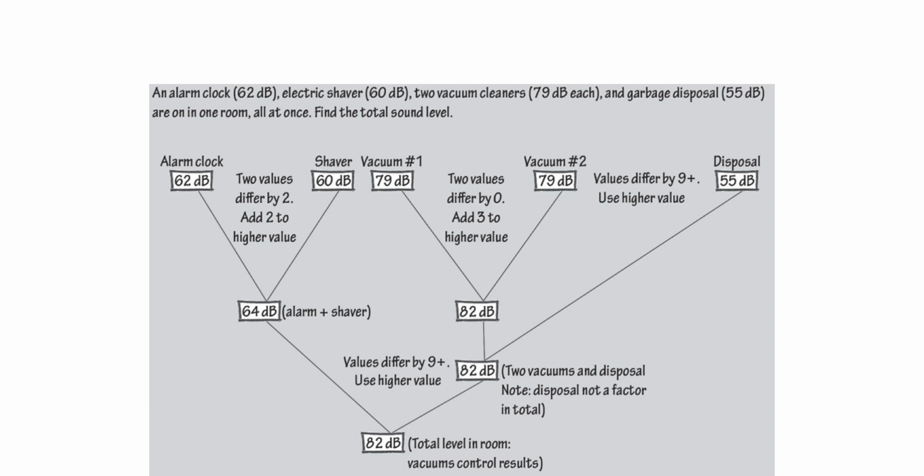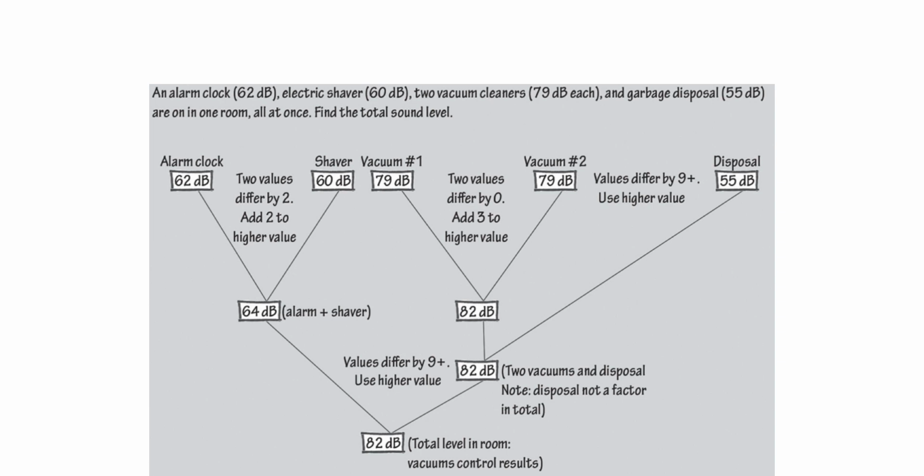One more thing is, if you have two sound sources and one source level is higher than the other one, the resultant will be just that single source which is highest. That only will be taken. But in another case here, we have two vacuum cleaners which have the highest decibel level.